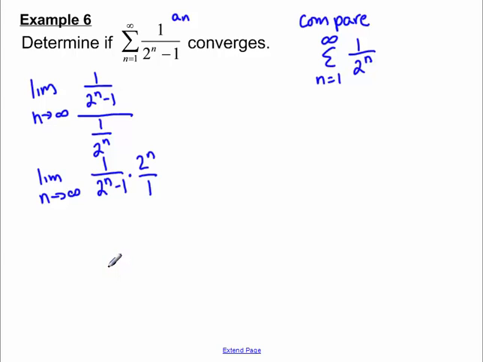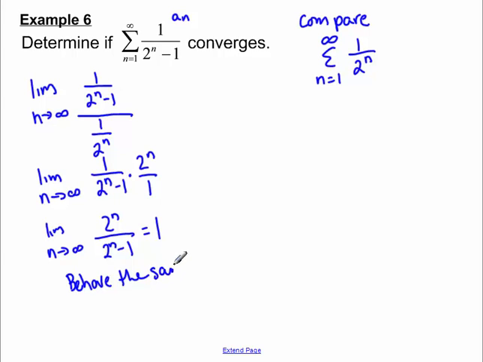Okay, so again, what happens here? We really have this function, which is 2n over 2n minus 1. As I go to infinity, the minus 1 doesn't matter. The top and bottom are the same, so this is going to be 1. Behave the same. So then from here, let's look and see what happens to this one.